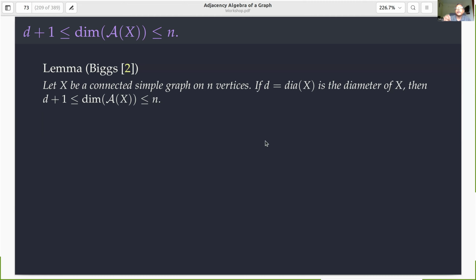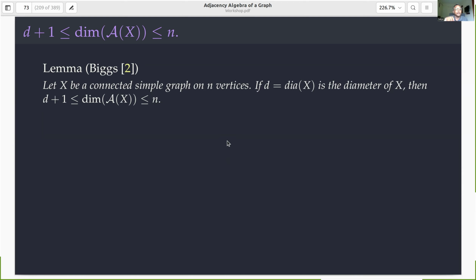We saw that C[A] is isomorphic to C[x] quotiented by the minimal polynomial of A. The dimension of A of X is exactly the degree of the minimal polynomial, or the number of distinct eigenvalues of A.